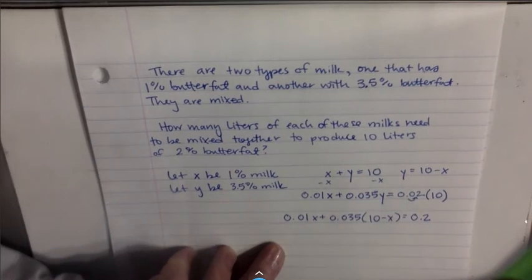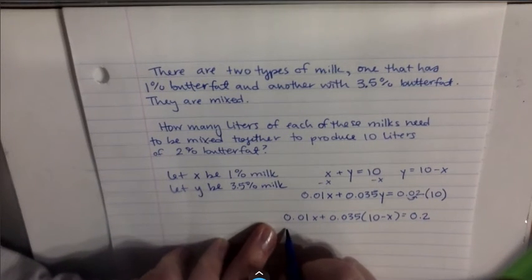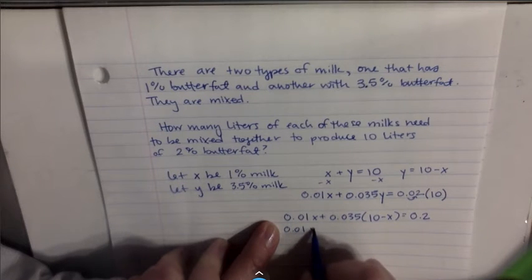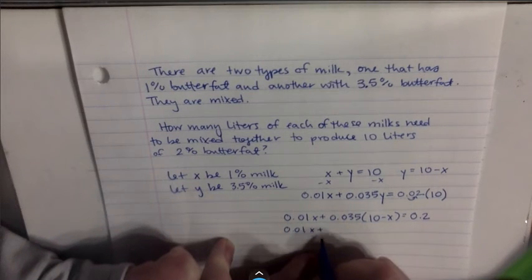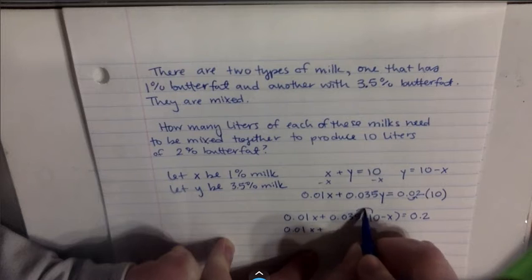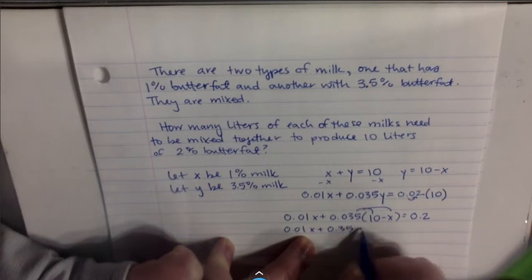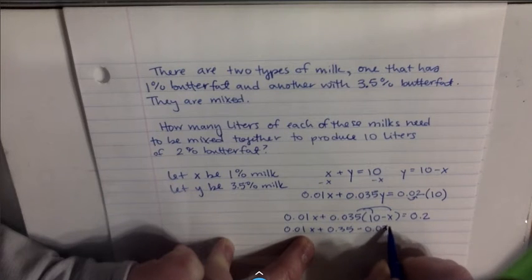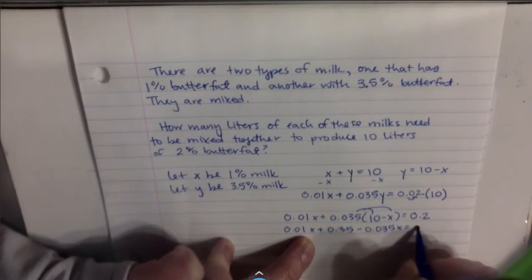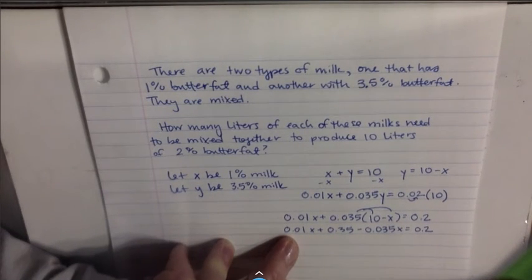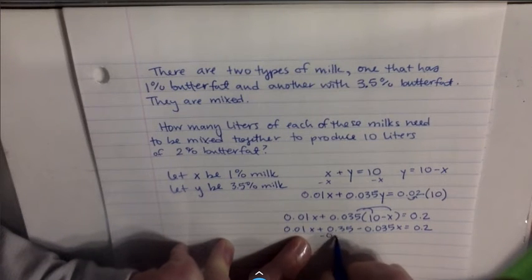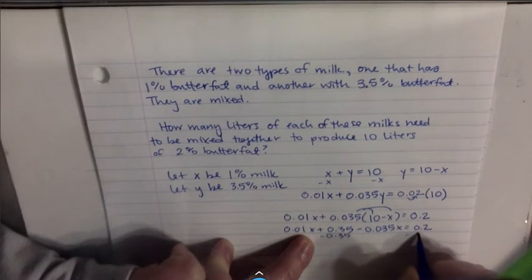Right? All right, so now we can simplify this. 0.01x plus 10 times, I'm going to distribute this in, 0.35 minus 0.035x is equal to 0.2. Let's subtract 0.35.